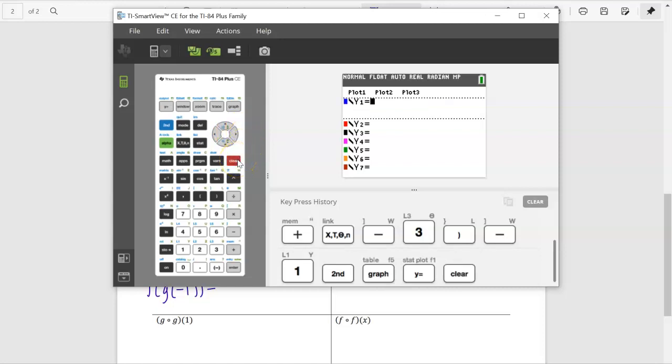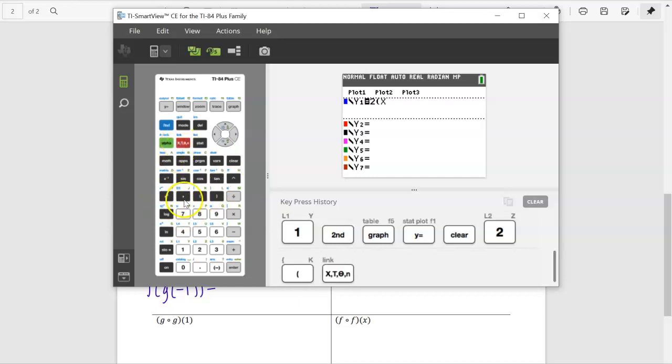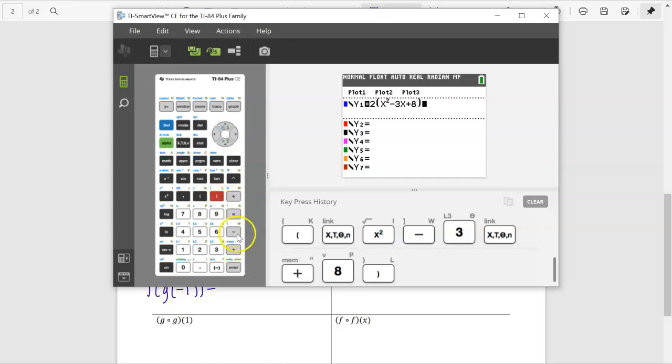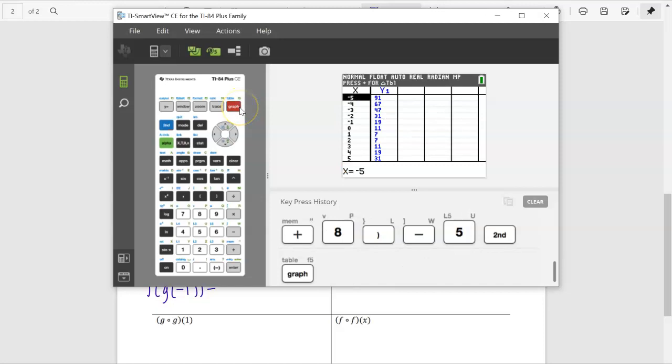So when we type that in the calculator, I'm going to get 2 parentheses x squared minus 3x plus 8, close your parentheses off, 2x squared minus 3x plus 8, and then we also had a minus 5 on the end. So we're going to go to second graph, go look at our table.